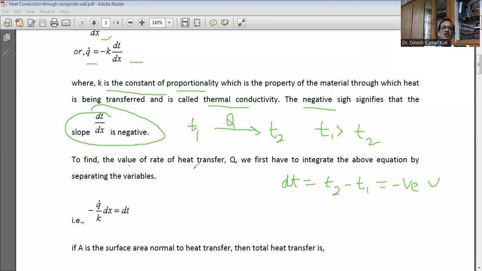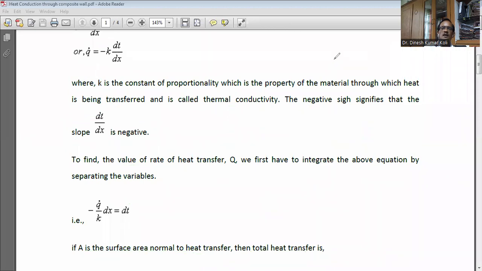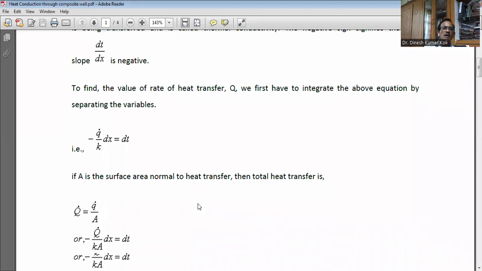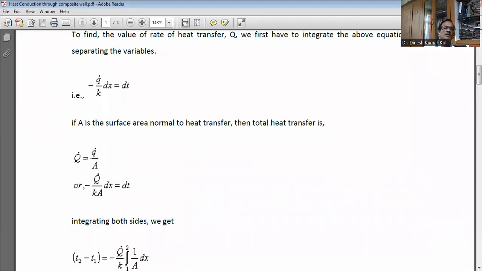Now to find the value of the rate of heat transfer, we have to integrate the equation. So for this equation, we can write minus q by k dx equal to dT. If A is the surface area normal to the heat transfer, then the total heat transfer is Q equal to q times A, where A is the heat transfer area.